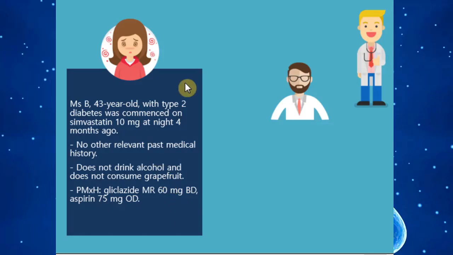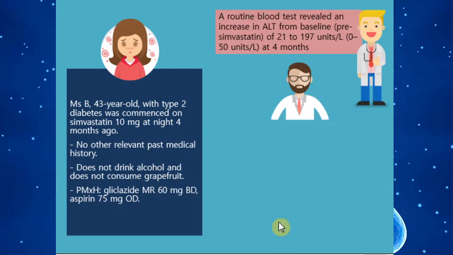Past medication history includes gliclazide MR and aspirin. A routine blood test revealed an increase in ALT from baseline before the initiation of simvastatin to 197. So what is actually causing this increase in ALT in this patient?